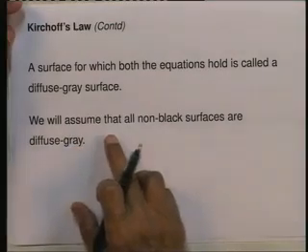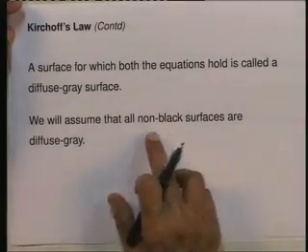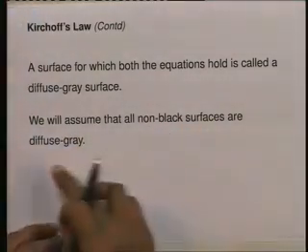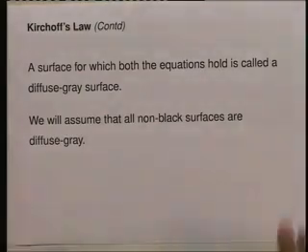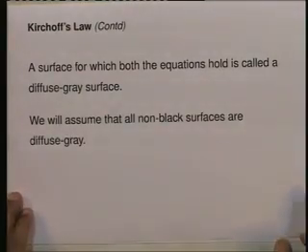We will assume that all real surfaces, all non-black surfaces that we are dealing with are diffuse gray. We will make that assumption. And therefore, we will always assume epsilon equal to alpha and epsilon lambda equal to alpha lambda. It is a powerful law which will help us quite a lot in deriving formulae and simplifying our derivations as we go along. All right.